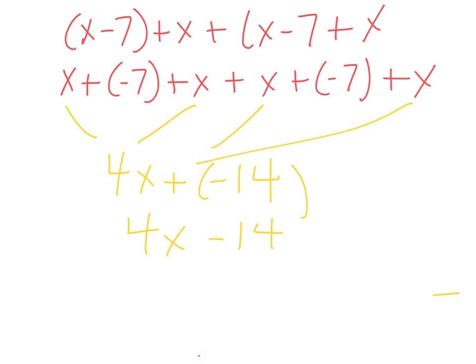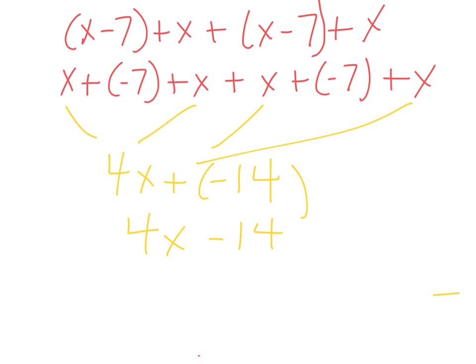So let's take a look at what we got here. Again, I rewrote the problem. I just rearranged it slightly. Negative x minus 7 plus x plus x plus x minus 7 plus x. And I rewrote, separated all the terms out.